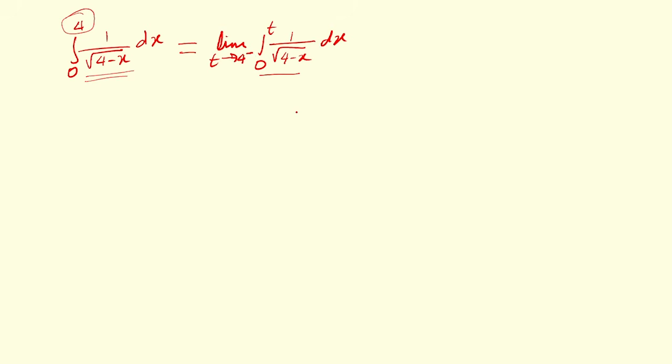We need to use integration by substitution here. Let u be 4 minus x. Then du/dx is equal to the derivative of this function, which is -1. From this, we obtain dx equals minus du.